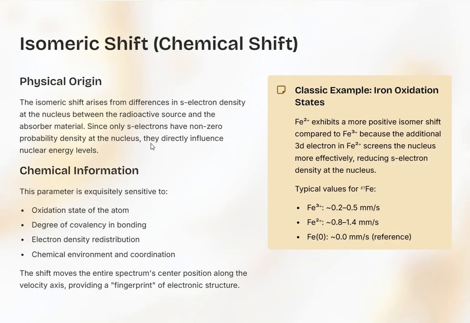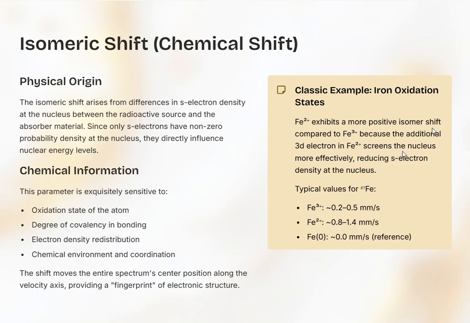The second point is that as p and d electron densities increase, s electron density automatically reduces. For every nucleus it's the same, not just for iron or tin. As the electron density in p and d increases, s electron density decreases. These are the two concepts that you should keep in your mind.